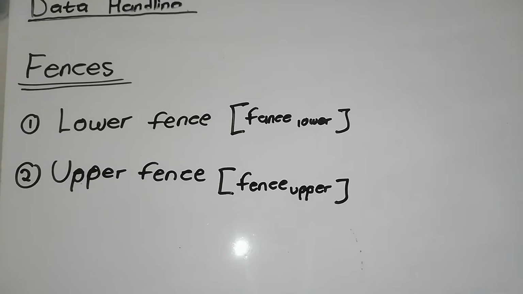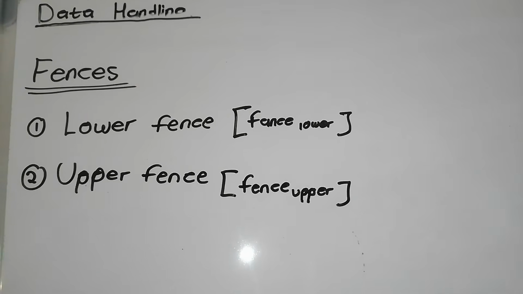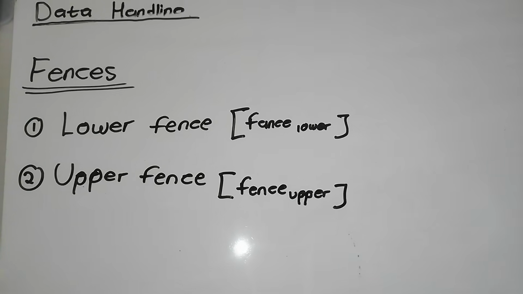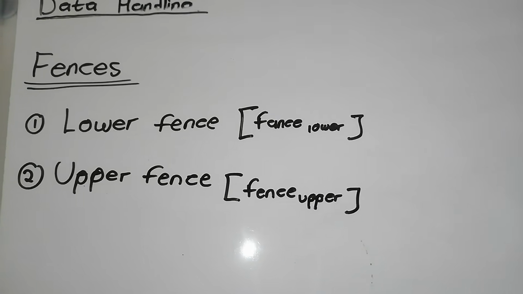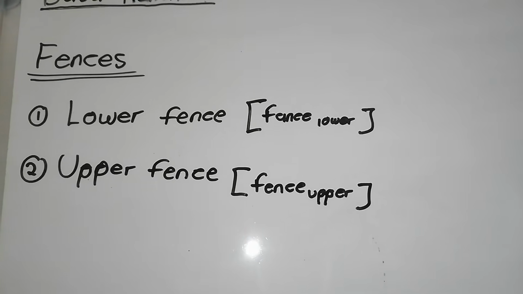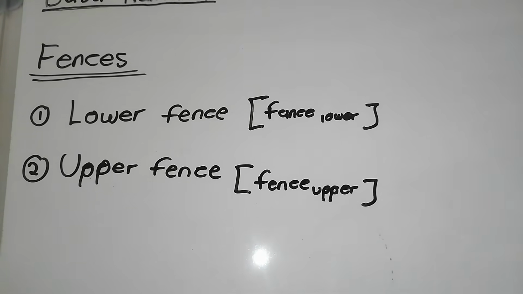So this will be more like your domains, where your box and whisker diagram does not touch nor cross. So you're gonna need to first find these two, and then you can go straight to your box and whisker.